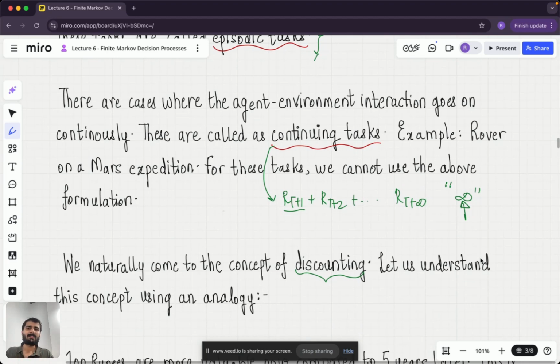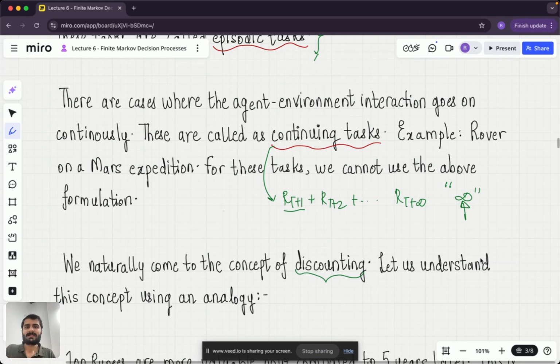What we say now is that whenever we have these continuing tasks, whatever rewards are received immediately are much more valuable than the rewards which are received way into the future. And this is called the concept of discounting.